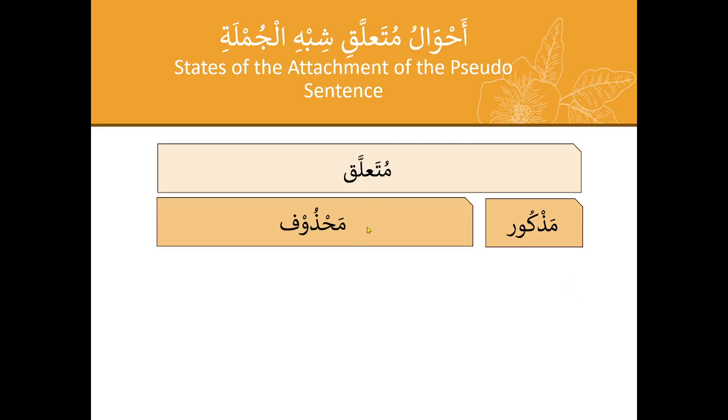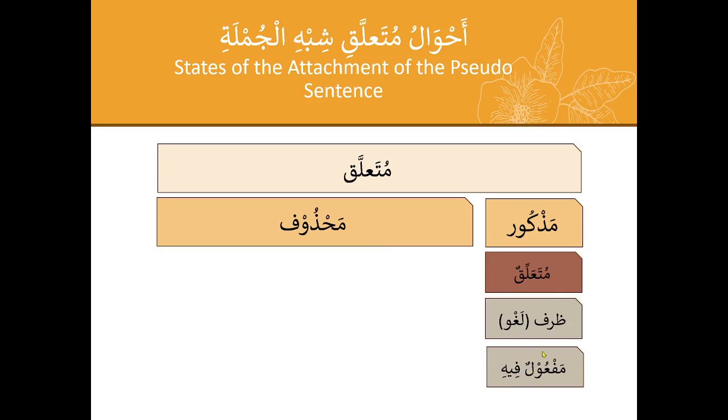Then we have a muta'allaq that is mahzuf. That's where we have the other cases. When the muta'allaq is mentioned, then we say that is lahu. Lahu doesn't mean lazy in this case. It's just that it's there. Maf'ulun fihi, these are all that are mentioned.